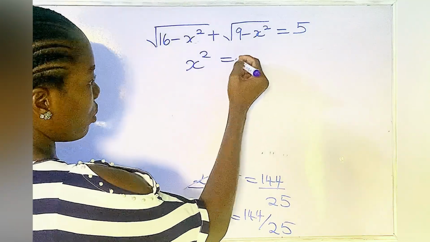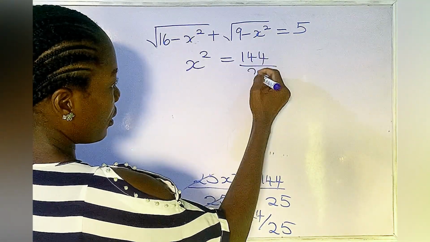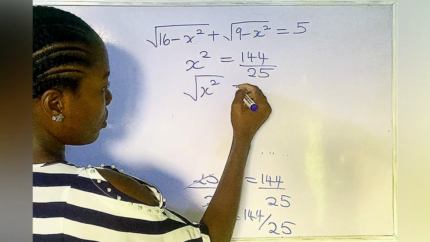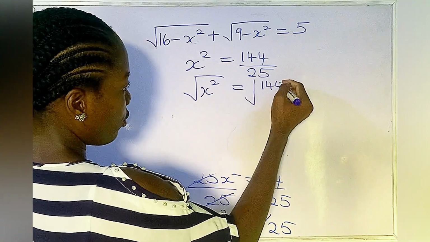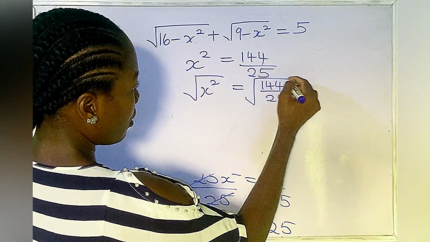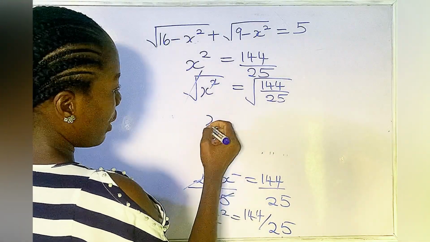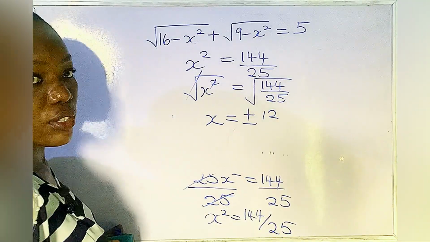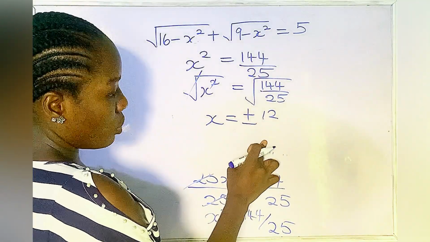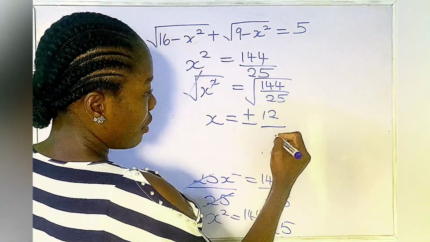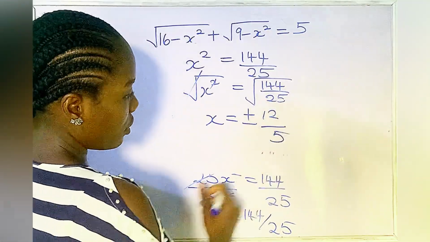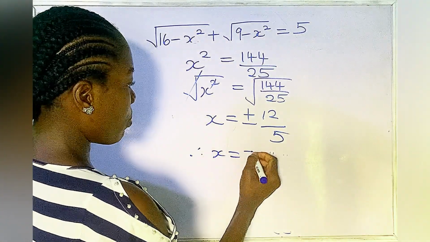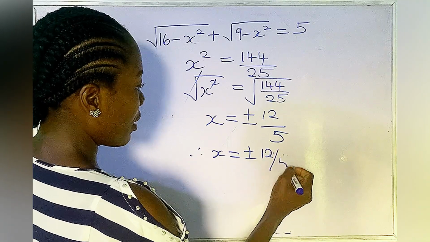The square cancels the root, so x is equal to plus or minus the square root of 144 over 25. The square root of 144 is going to give you 12, and the square root of 25 is going to give you 5. So our answer, therefore, is x equal to plus or minus 12 over 5.